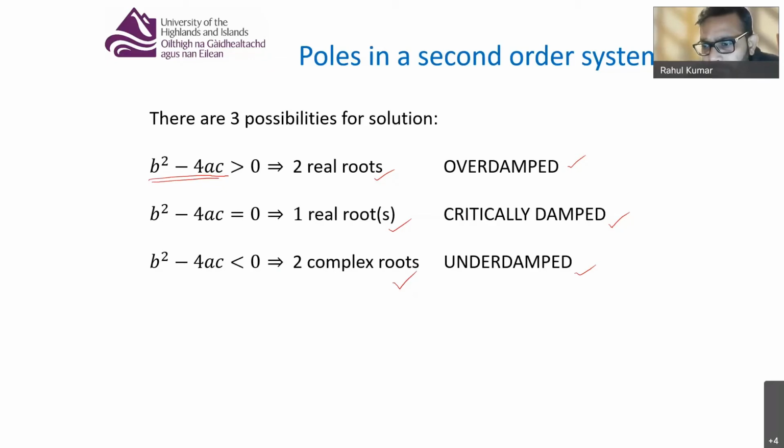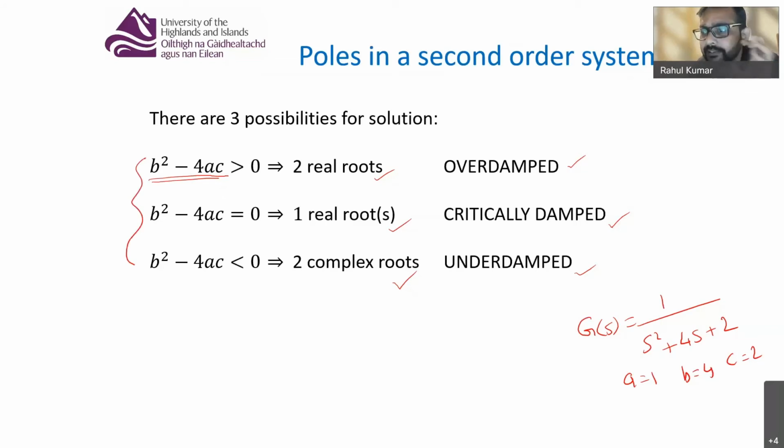Let's say you are given a second order transfer function, any random transfer function. Let's say s square plus 4s plus 2. Any second order transfer function is given. So A is 1, B is 4, and C is 2. Let's calculate b square minus 4ac, a quick calculation.